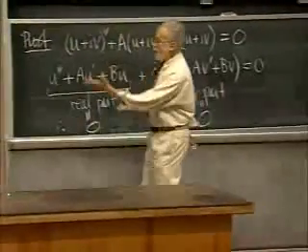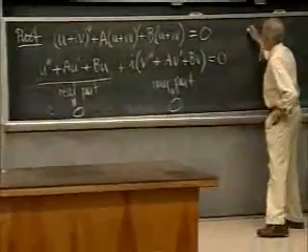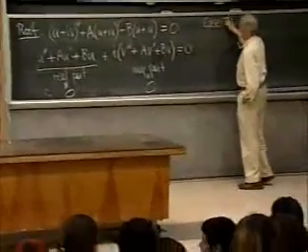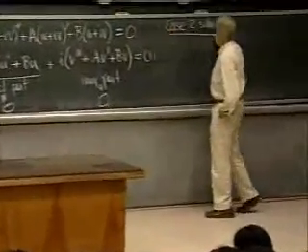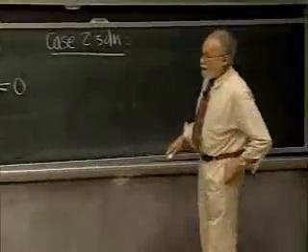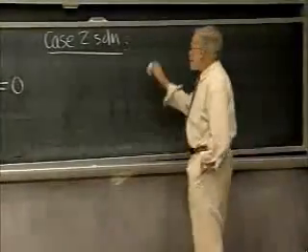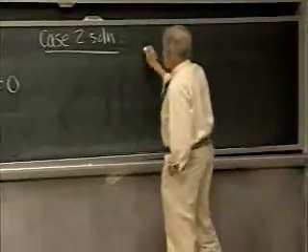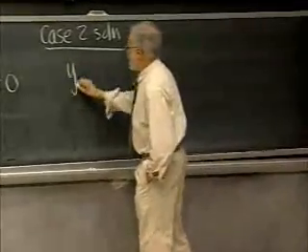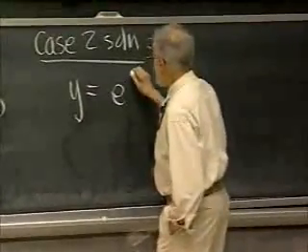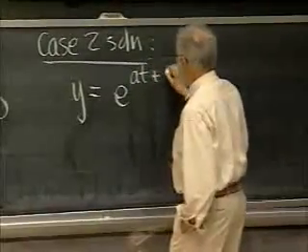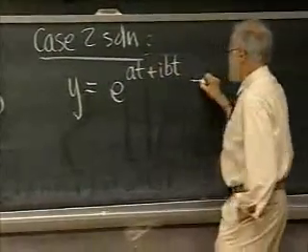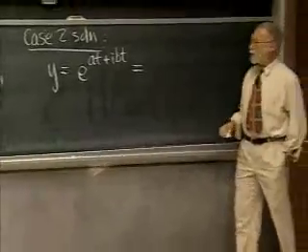Well, so then what is the case 2 solution? What are the real and imaginary parts of a plus bi? Well, y equals e to the (a plus bi)t. You've had experience, you know how to do this now.